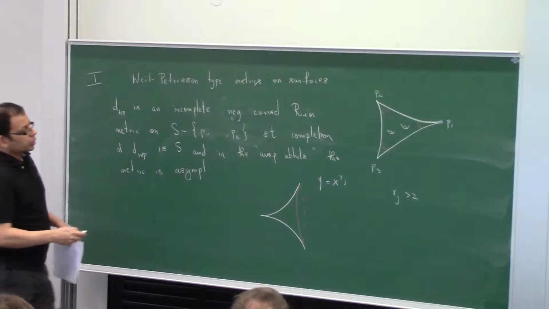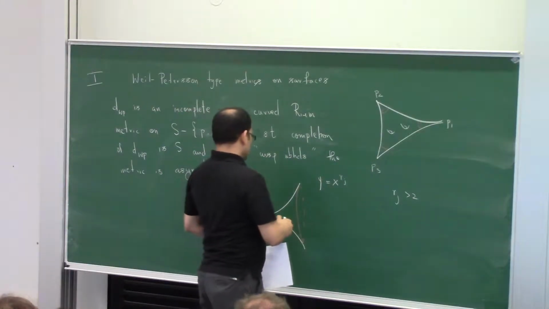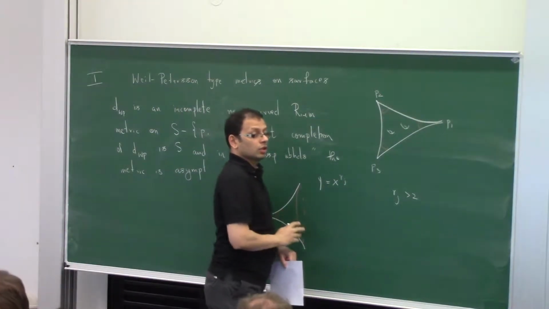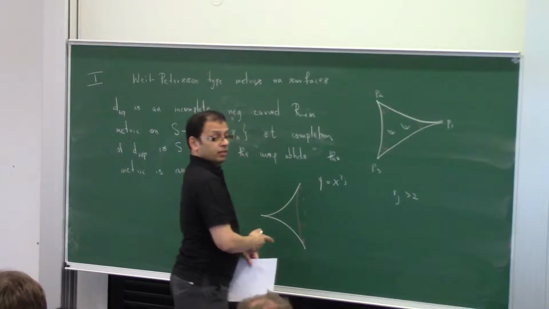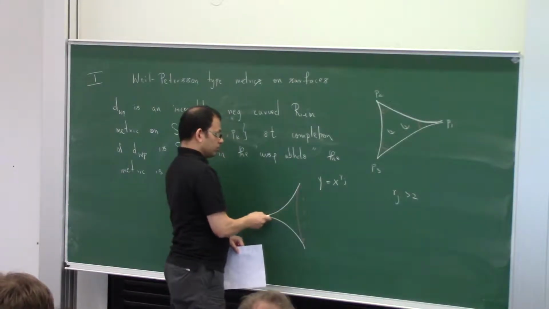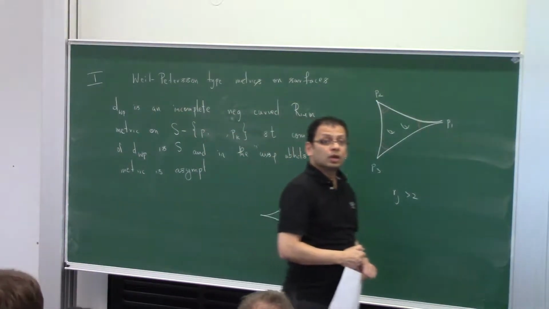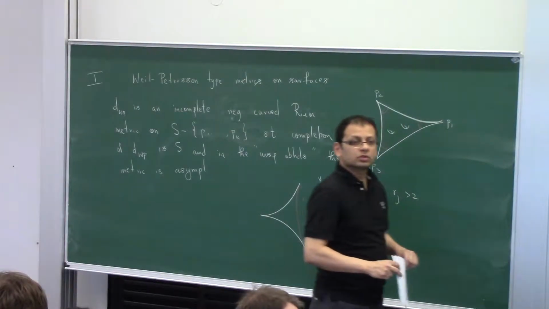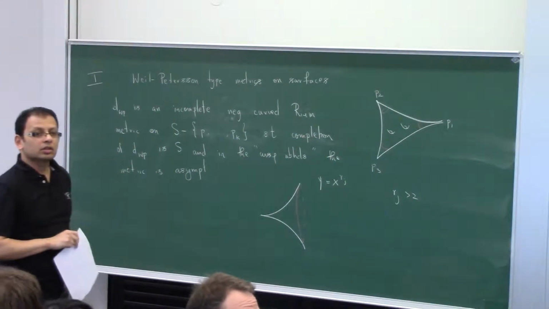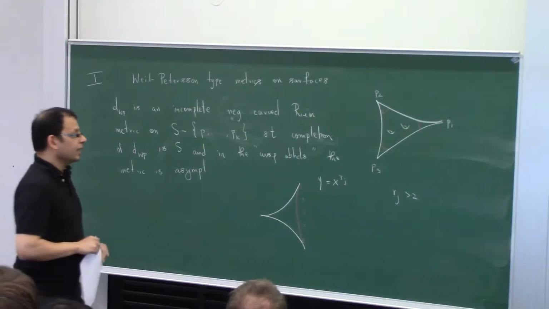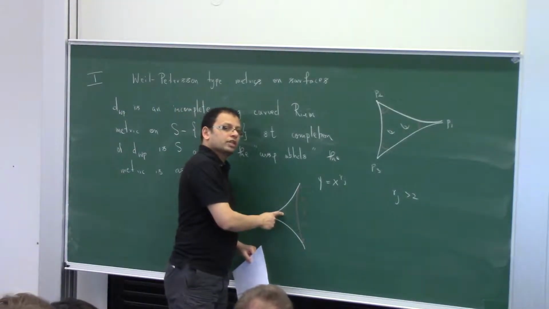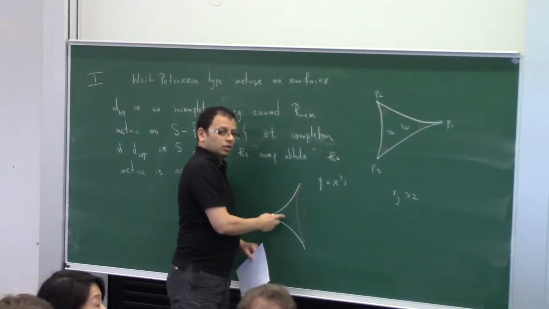Now you can notice that, just because of the cuspidal structure, this metric is incomplete because I could just hit the cusp in finite time. You put the induced Euclidean metric on this thing which is negatively curved. You take the metric induced on this from R^3. Right.